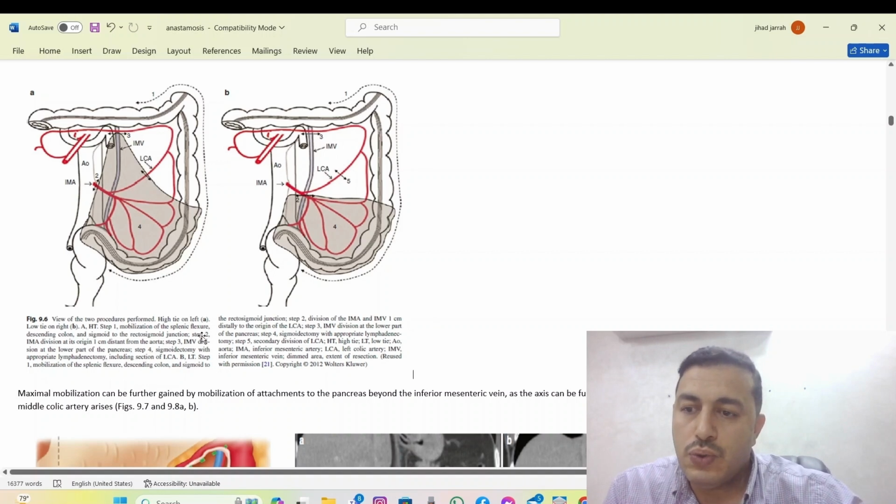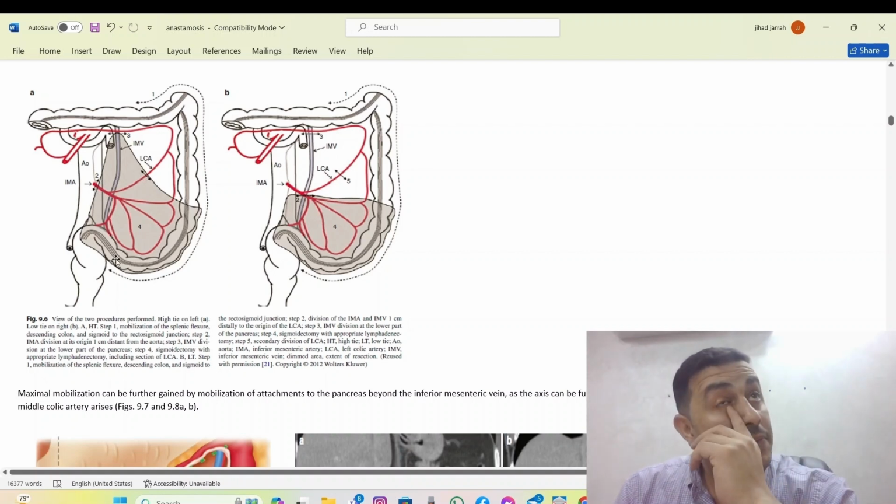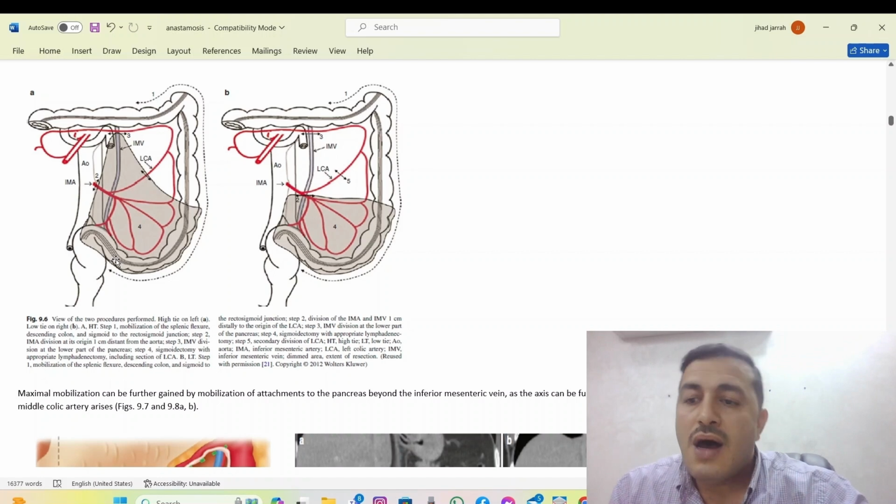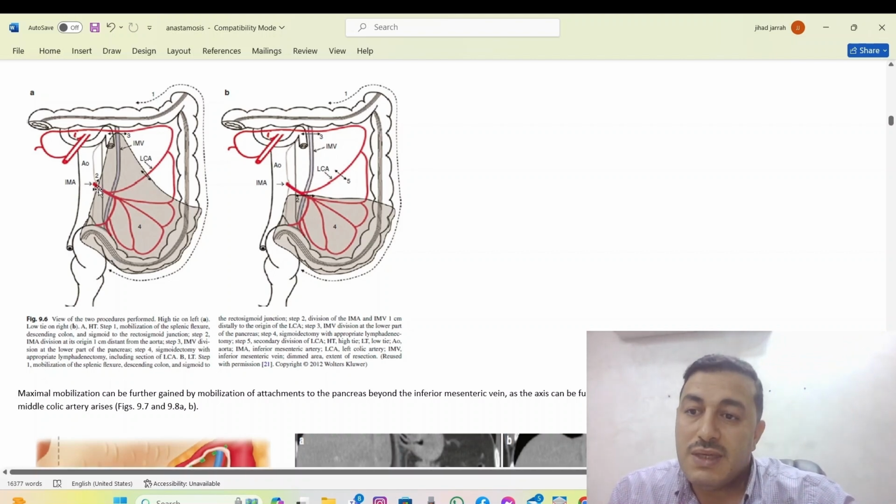Actually here, this is the dotted line. Step 2 is inferior mesenteric artery division at its origin, 1 centimeter distal from the aorta. Over here, this is step 2. We said that when we do high ligation of the inferior mesenteric artery, we leave some distance from the aorta, as there is a plexus over there, so 1 centimeter from the aorta.